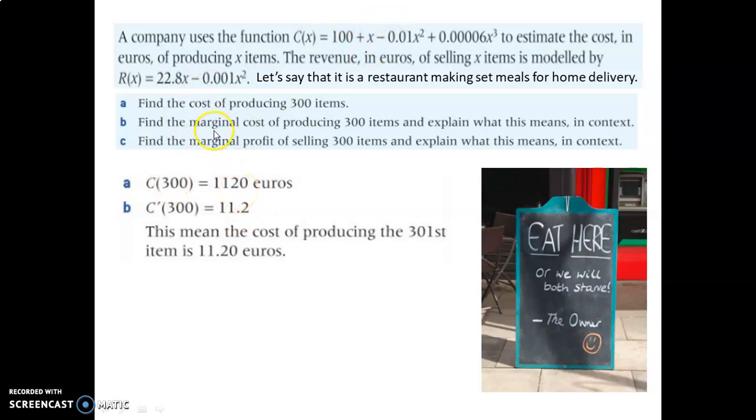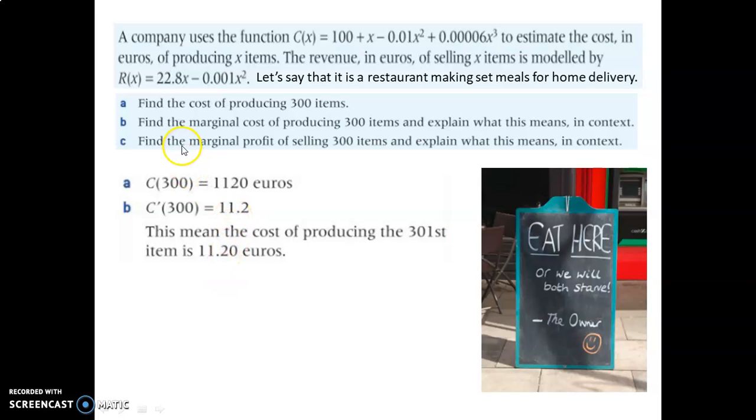Then it says the marginal cost, and that's what we were just talking about, the cost of each additional unit as you go. So that one is where you find the derivative of C. It doesn't show it here, but if you found the derivative of that and put 300 into that, we would find out the marginal cost. Because this 1,120 represents the total cost, but this represents that extra cost per extra unit. So that's the marginal cost there.